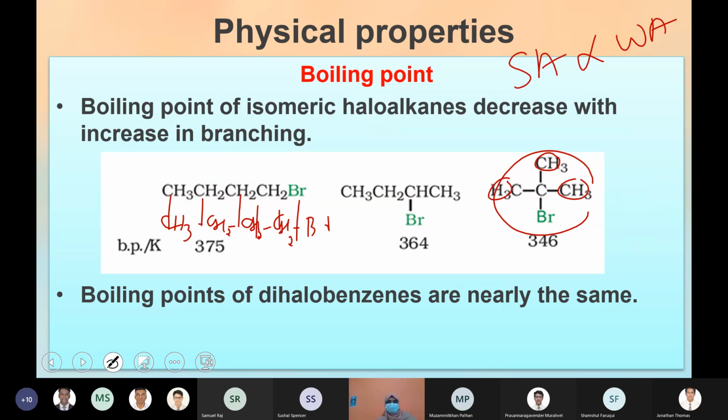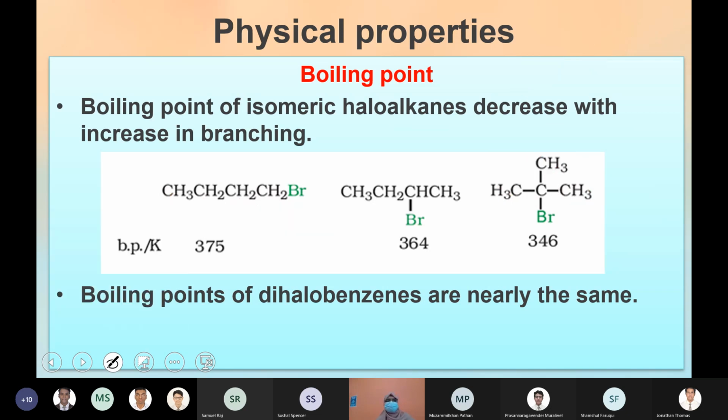Most of these are in the liquid state rather than gas, because alkanes are mostly gaseous. Methane and others are gases, because of their low attractive force between molecules. If you want to add an explanation for this one, you can write it over here: when surface area increases, van der Waals force of attraction also increases, and vice versa.